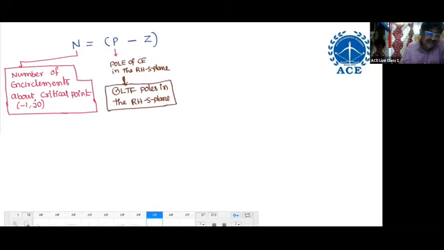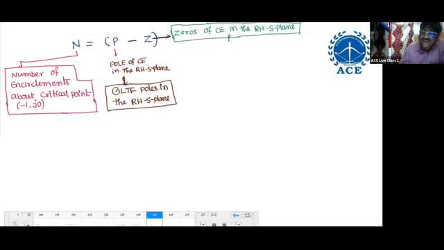What is Z? Z is called zeros of characteristic equation in the right of S plane.